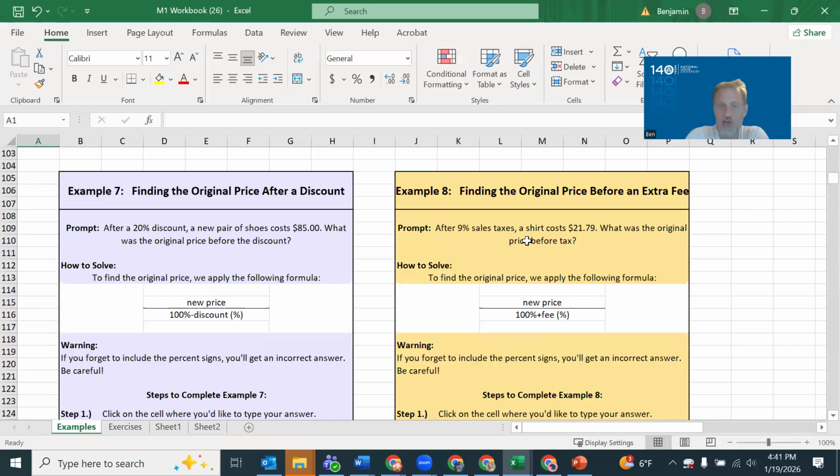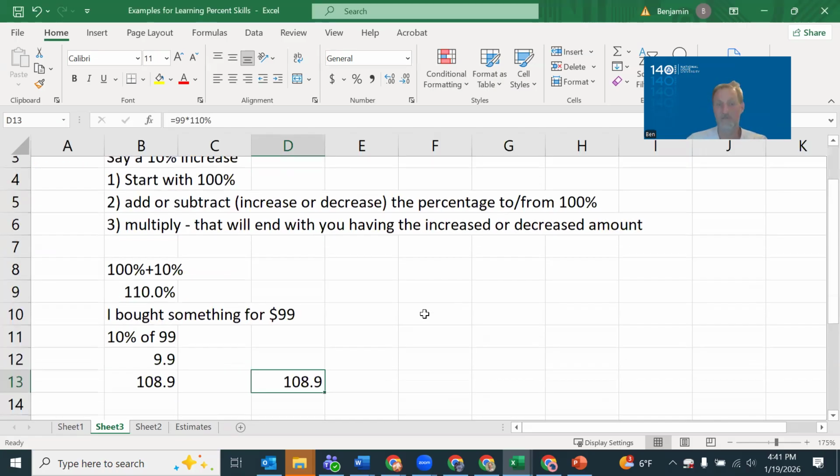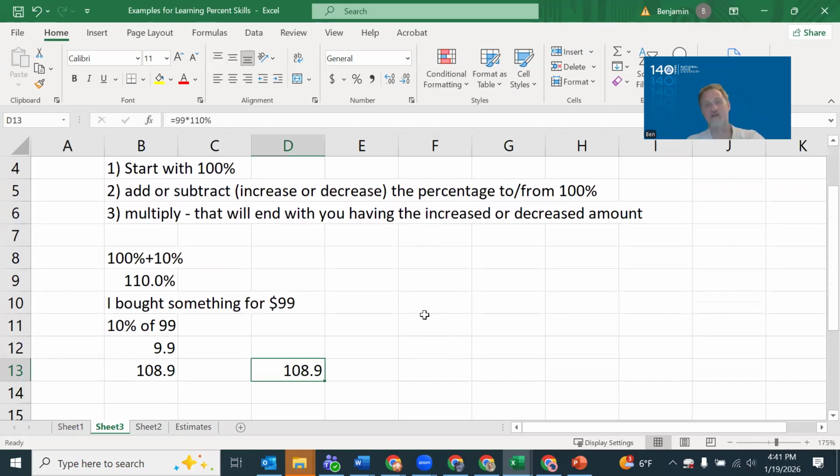If you don't do it that way, you end up with the wrong answer. I can spend more time talking about why that is if you're interested. So the multiplier process is both a useful strategy to shorten the work you're doing, and also absolutely necessary in a very specific type of problem.